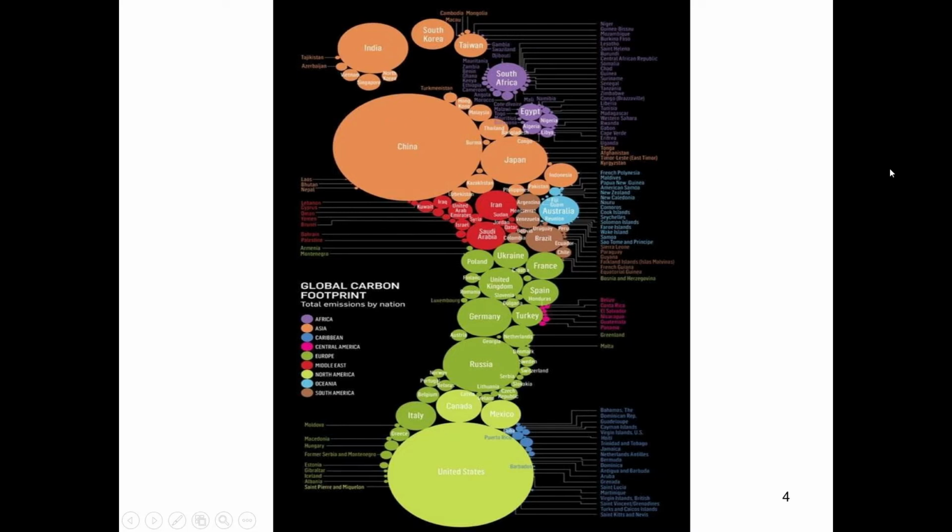Each country is being presented. If I want to see a particular value, I can read the data, but this diagram shows me who are the major contributors and who are very minor contributors. Their names are also there, although they have written them small. I have just blown up this photo.